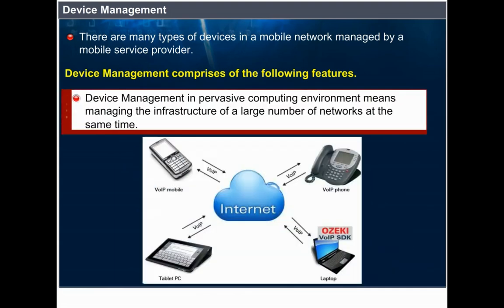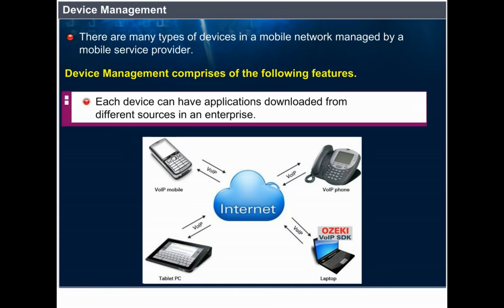Device management in pervasive computing environment means managing the infrastructure of a large number of networks at the same time. Each device can have applications downloaded from different sources in an enterprise.